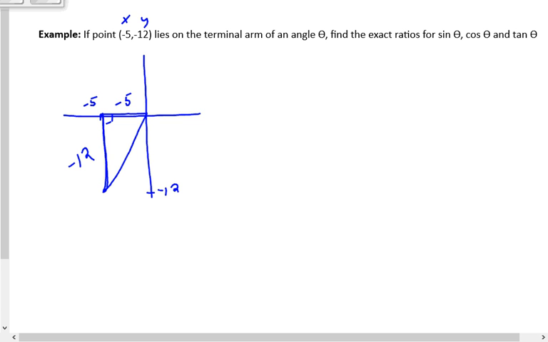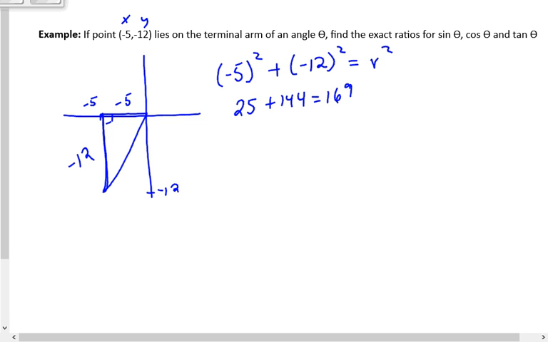And so we can just substitute that in. So we would have (-5) squared plus (-12) squared equals, in this case we'll label it r squared rather than c. So 169 will equal r squared, take the square root of both sides, and r will be 13.